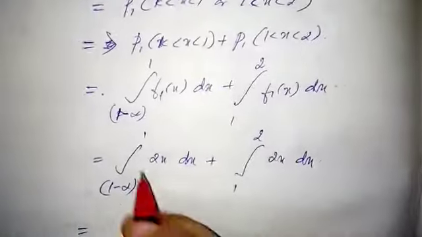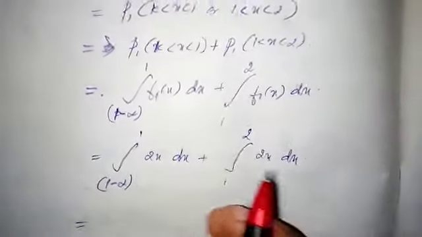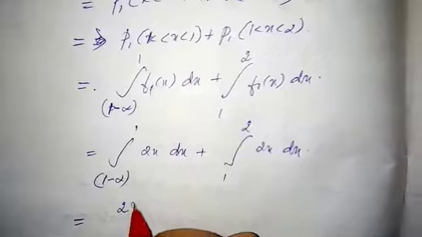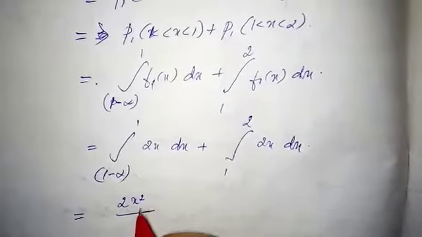We need to integrate this term, that is 2x square divided by 2.